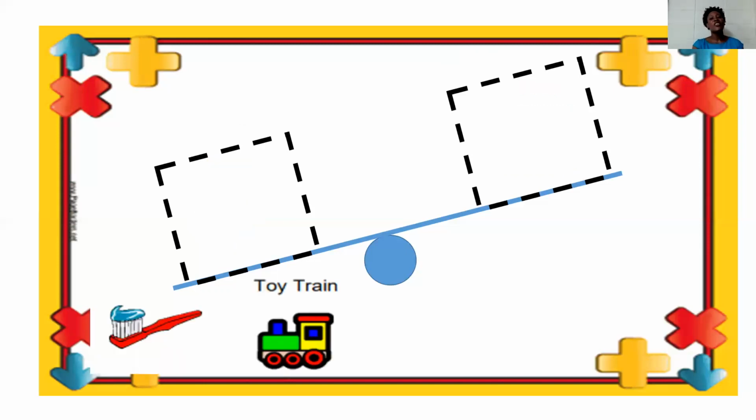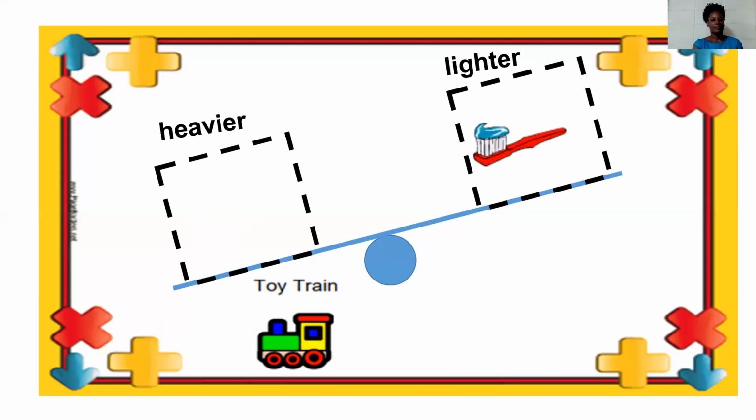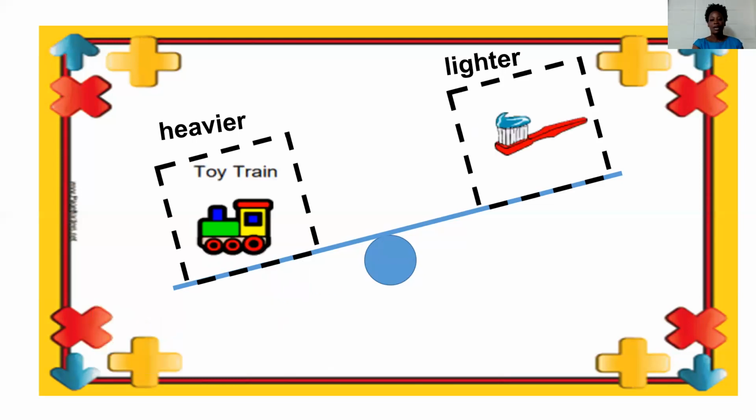Look at the pictures in this activity. Label the seesaw, put your objects in the right place on the seesaw, then say your sentences. If this is what you did, well done.